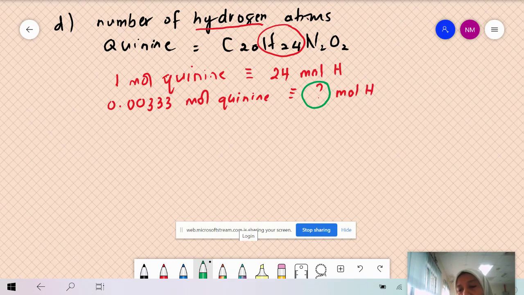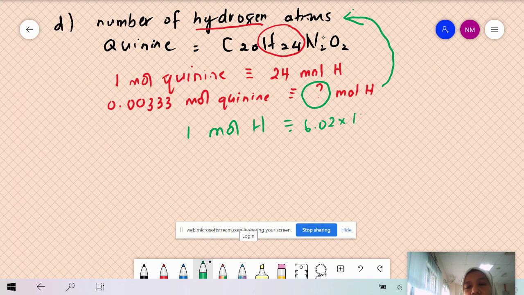Okay, fine. We have the same subject now: mole of hydrogen and number of hydrogen. What do we do? What's the relation between mole and number of hydrogen? Correct. 1 mole of hydrogen contains 6.02 times 10 to the power of 23 atoms.